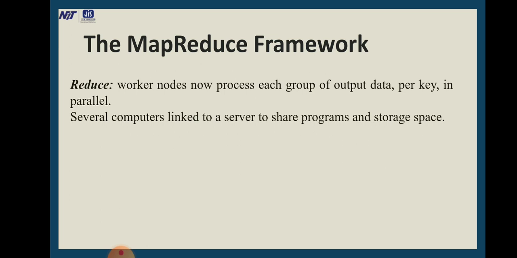Fourth step is run the user provided reduce code. Reduce is run exactly once for each K2 key produced by the map step. Fifth step is produce the final output. The MapReduce system collects all the reduce output and sorts it by K2 to produce the final outcome.